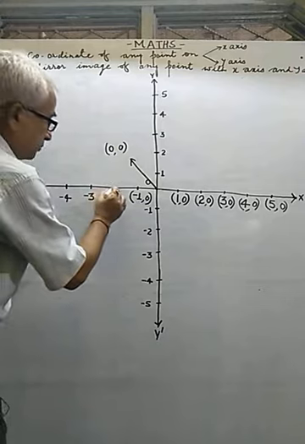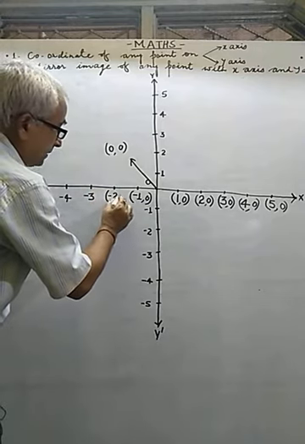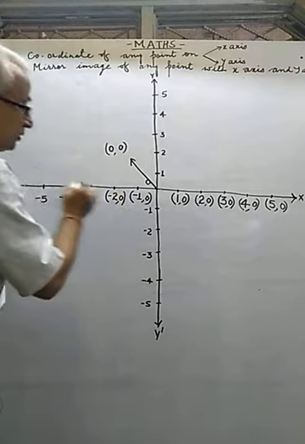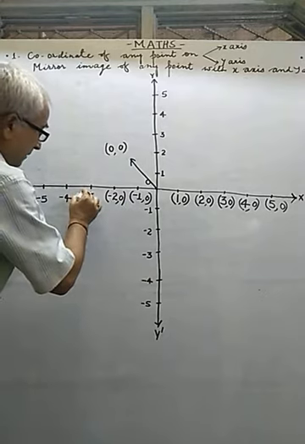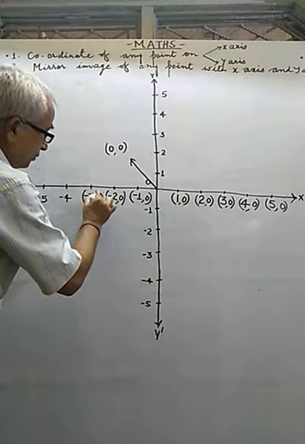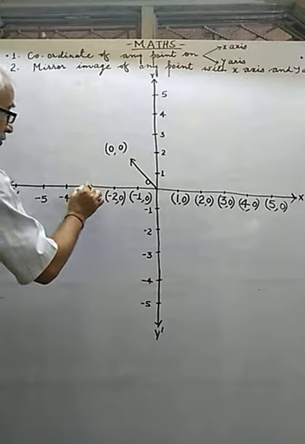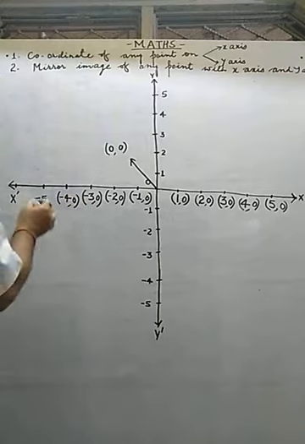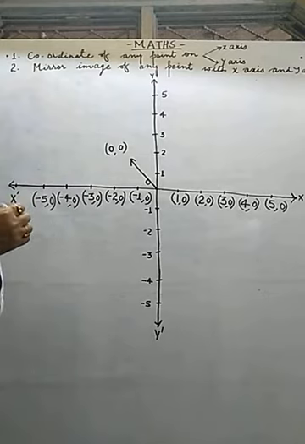Again at this point it will be -2 and ordinate is 0. Again -3 and 0, it is the coordinate of this point. The coordinate of this point is (-4, 0). Similarly, the coordinate of this point is (-5, 0). In this way, we can trace it. Any point on the x-axis will be what?